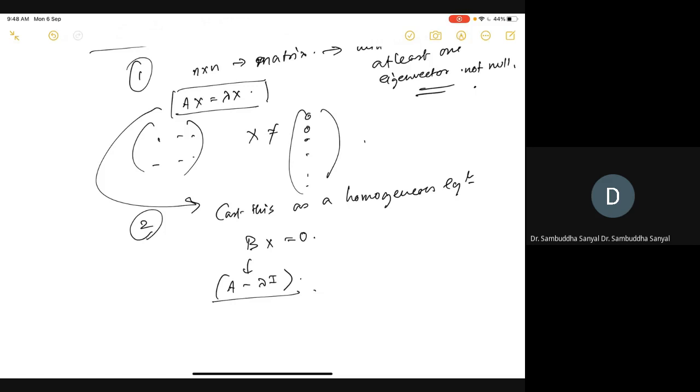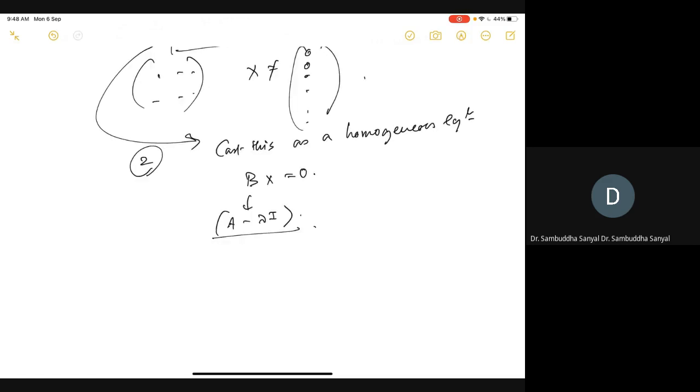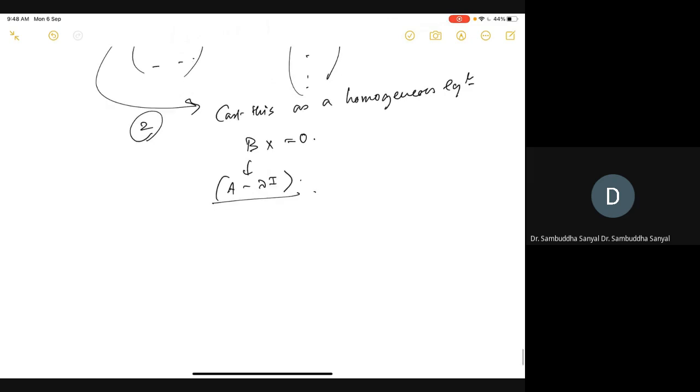Now you can show that this equation will always have a non-trivial solution when the determinant of B is 0. Non-trivial means non-null, that is, x is not 0.